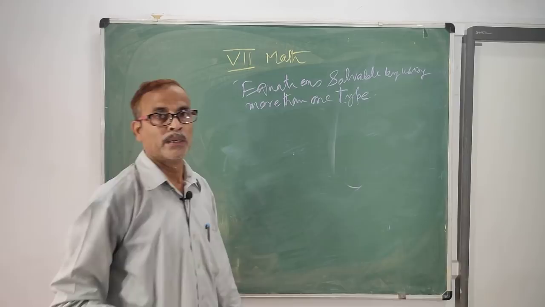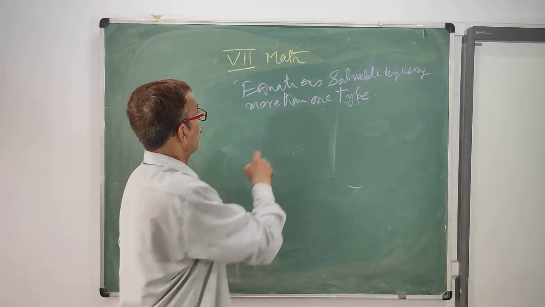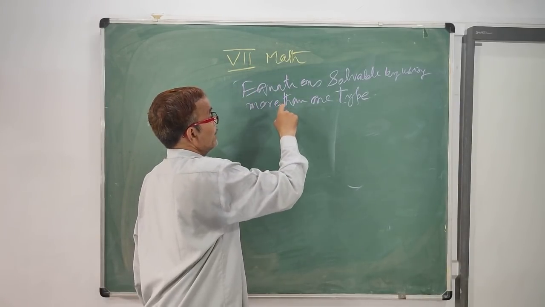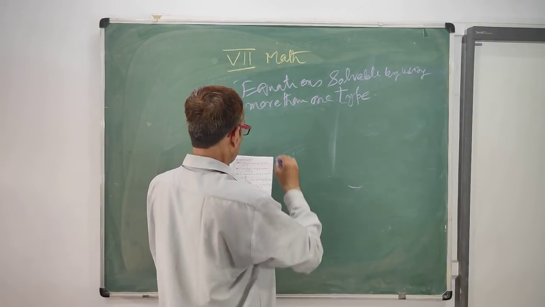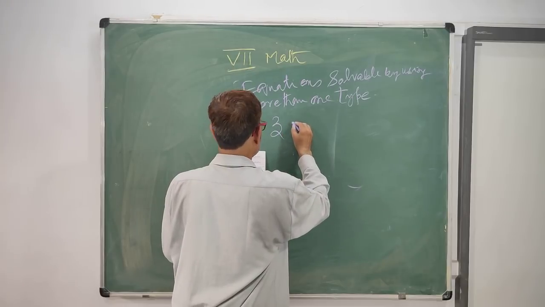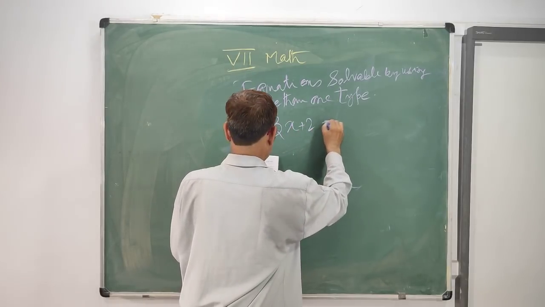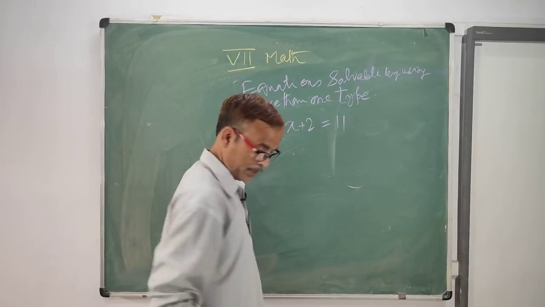Here we have discussed 4 types or 4 methods. In this sum you have to apply more than one method. Say the sum is 5x plus 2 equal to 11.